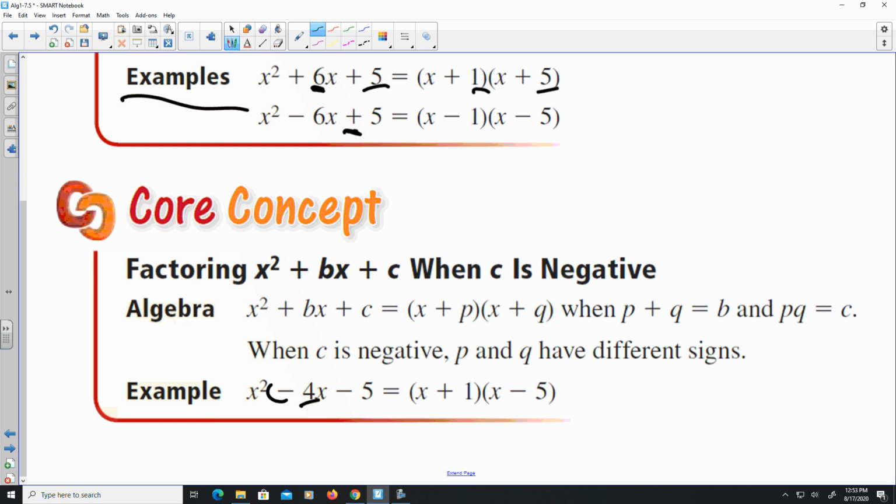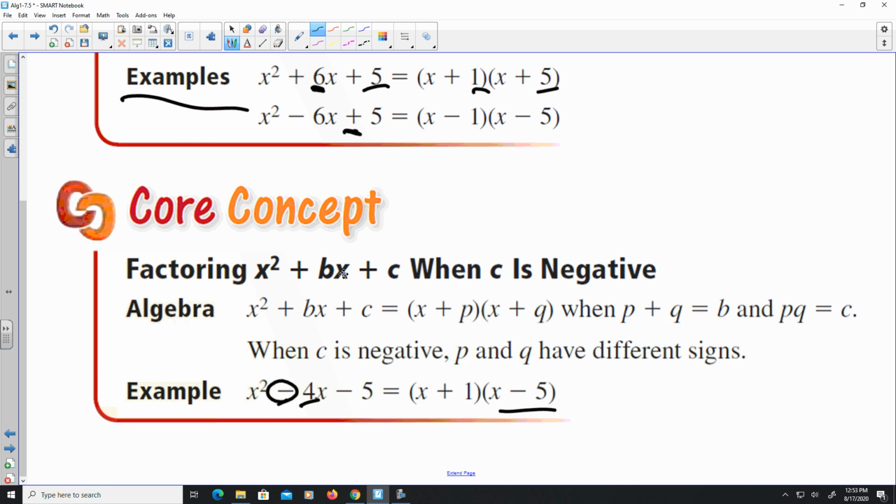Now I look at this first sign here, this one's minus. That just means that the larger number is going to be attached to the minus. So that's why, since 5 is larger than 1, the 5 got attached to the minus in this particular situation. 5 minus 1 is 4, but 5 times 1 is still 5.